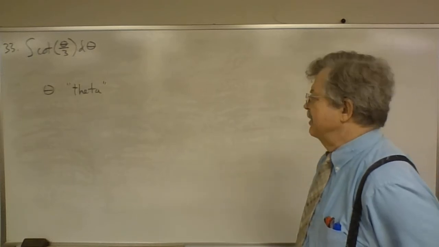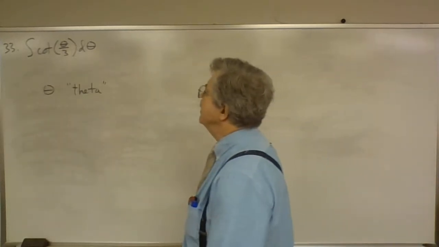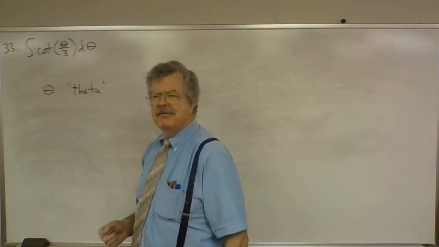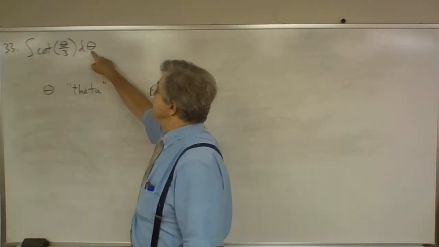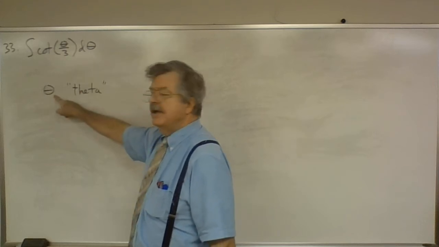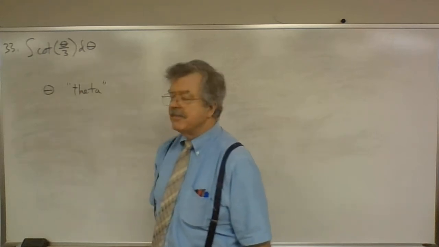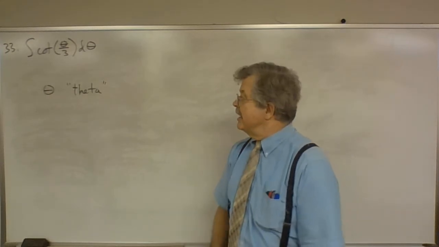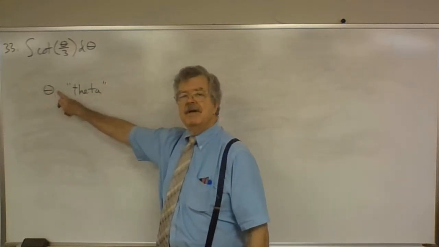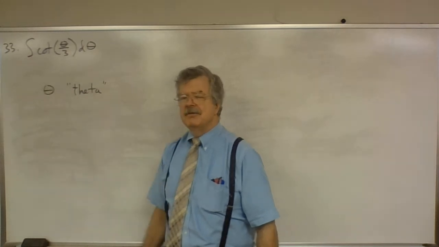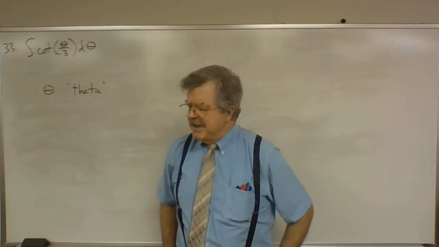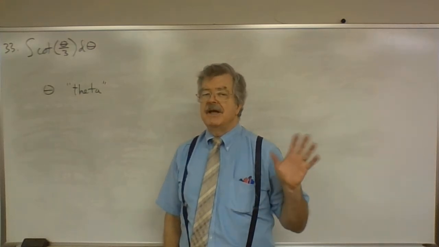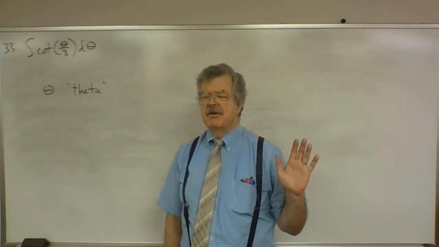Exercise 33. First of all, the exercise is not given in terms of the variable x. It's given in terms of this variable, the Greek letter theta. If you're going to stay in the mathematical sciences, you should probably commit the name of that variable to memory; it's best if we have the names of the lowercase Greek letters committed to memory.